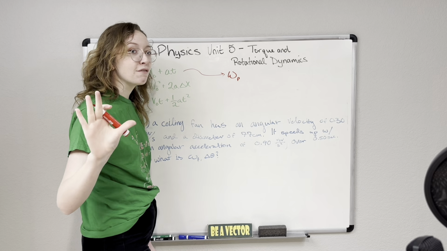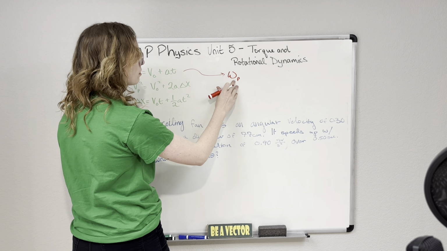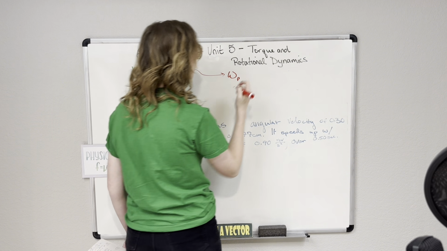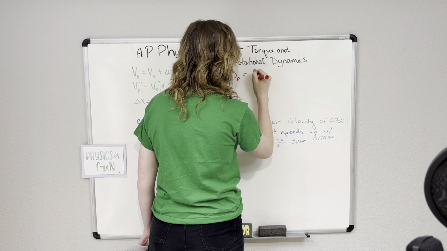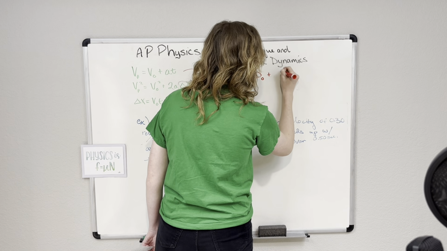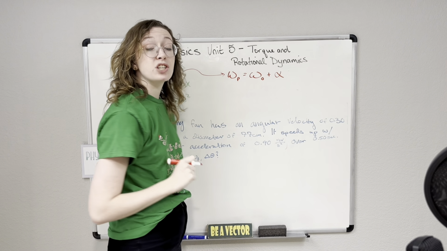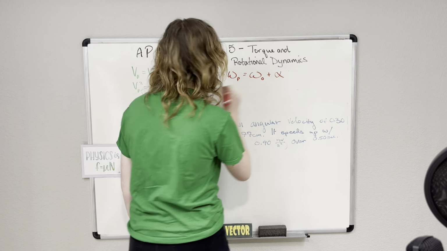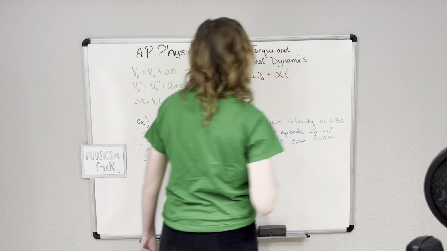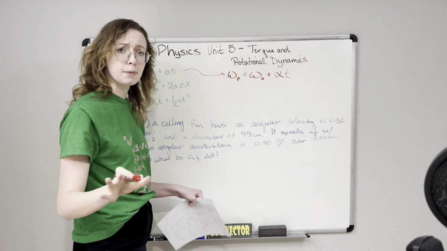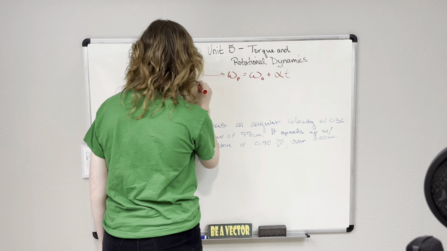But no different from an x or y or z, it's just a lowercase omega. So our final angular velocity is equal to our initial angular velocity plus our angular acceleration, which I represent with a lowercase alpha, times time. And time is the same as it used to be. That's not too bad, just a couple letter swaps, but otherwise exactly the same kind of relationship.